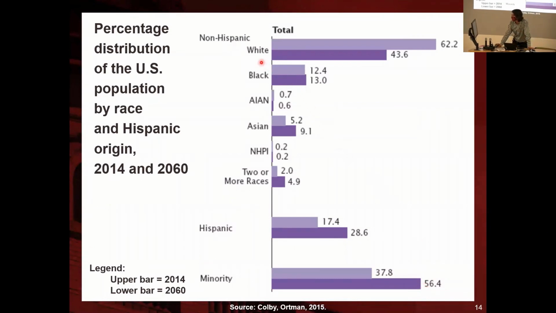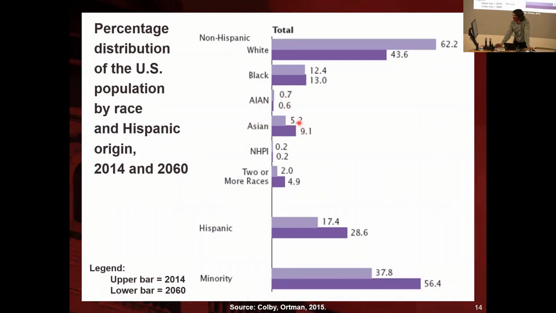The white population is declining from 62 to 43. The black population stays around the same level, 12, 13%.